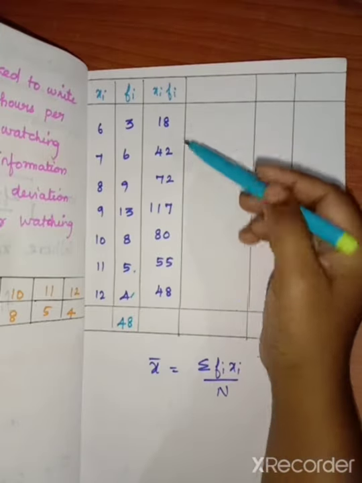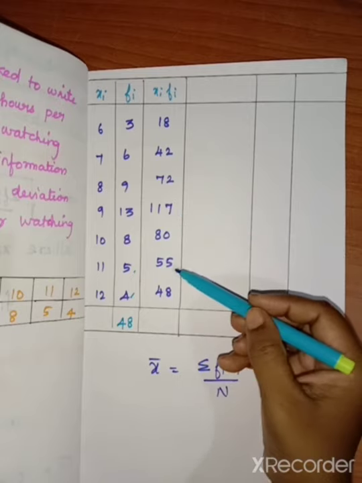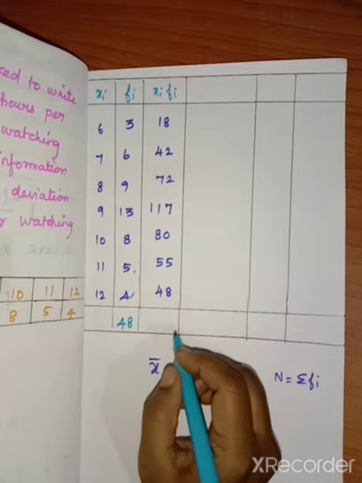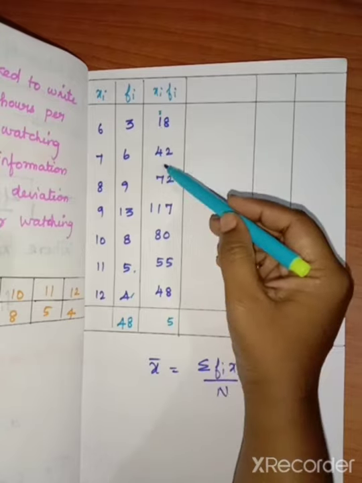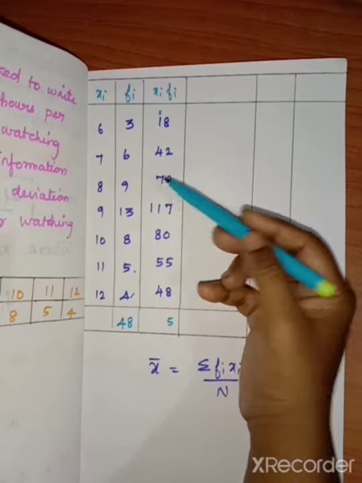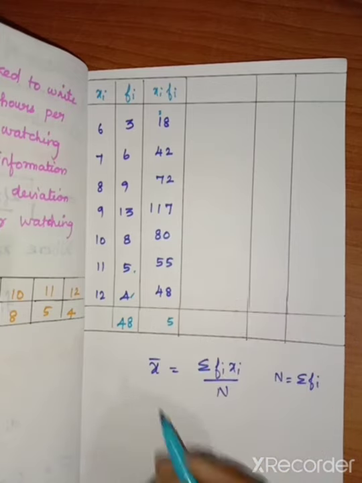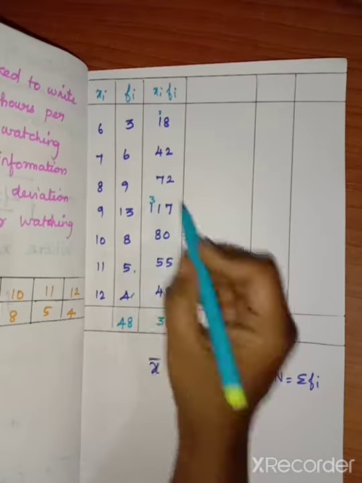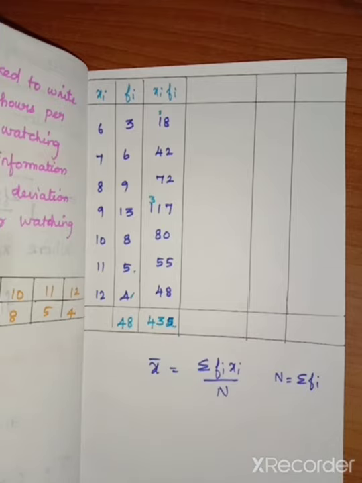Likewise here also we want to add 8 plus 2 is 10, 10 plus 2 is 12, 12 plus 7 is 19, 19 plus 8 is 27, 27 plus 5 is 32, remaining 3. So we get 432.